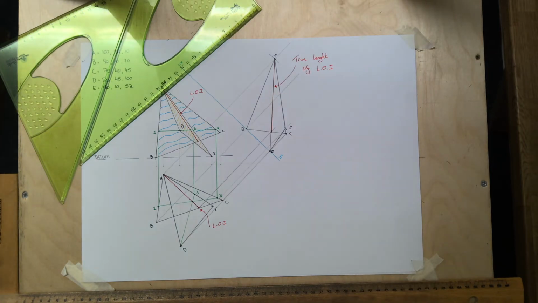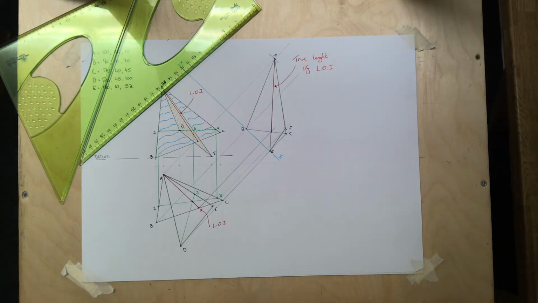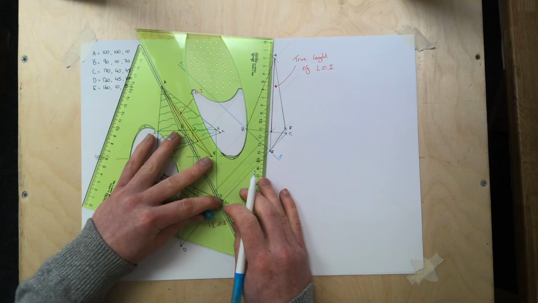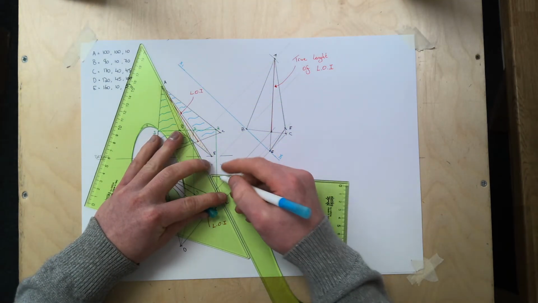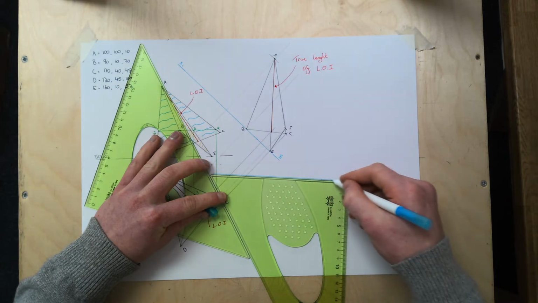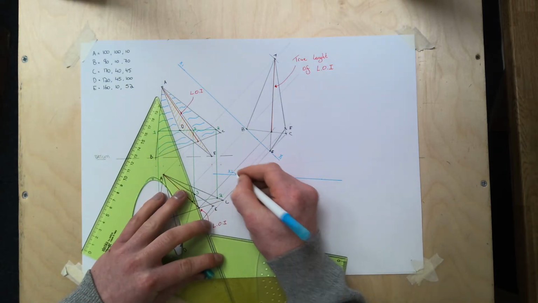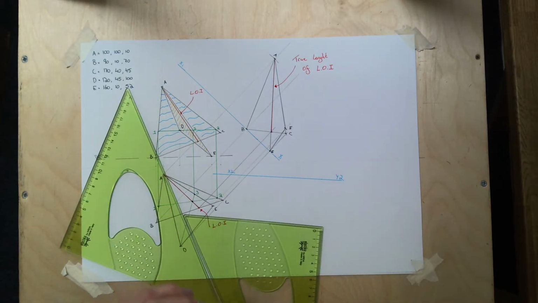Now to get this dihedral angle, I need to see or view this true length as a point view. So I'm going to set up an x2, y2 perpendicular to that true length line. That's my true length line. I'll go perpendicular for my x2, y2.